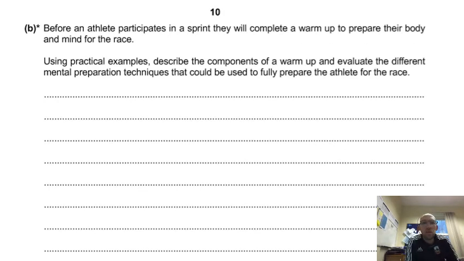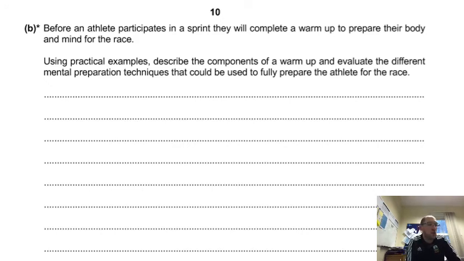So B: before an athlete participates in a sprint, they will complete a warm-up to prepare their body and mind for the race. Using practical examples, describe the components of a warm-up and evaluate the different mental preparation techniques that could be used to fully prepare the athlete for a race.